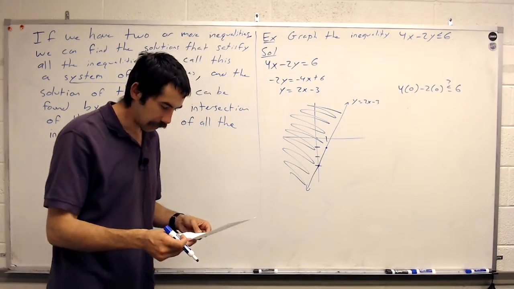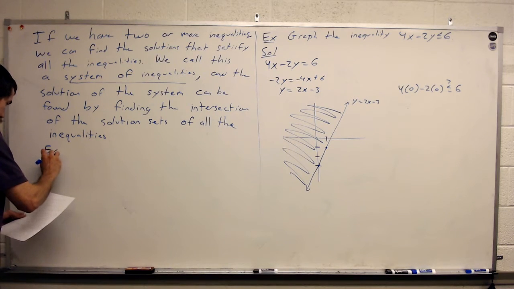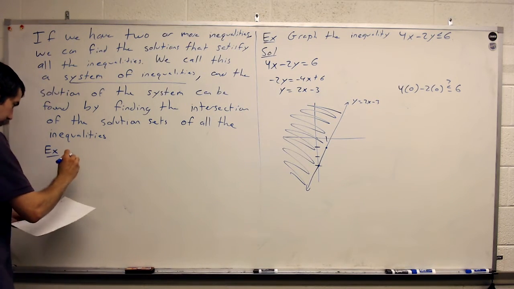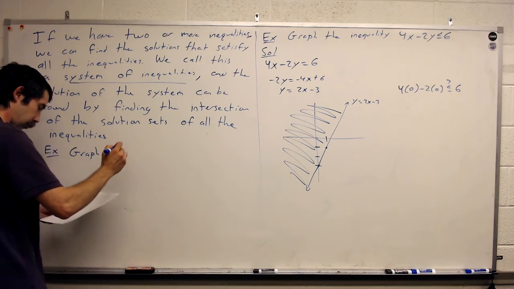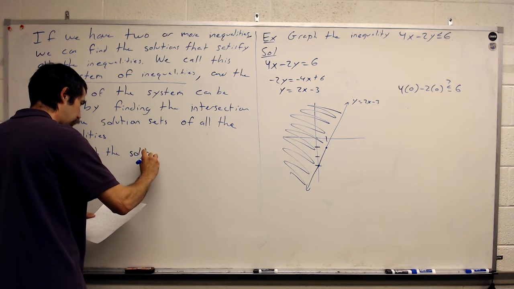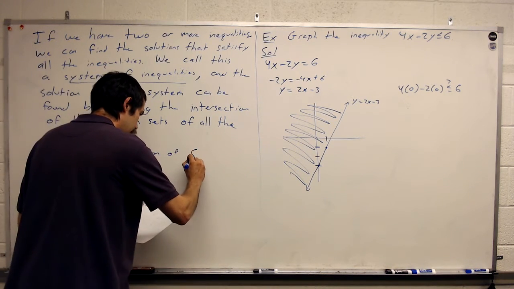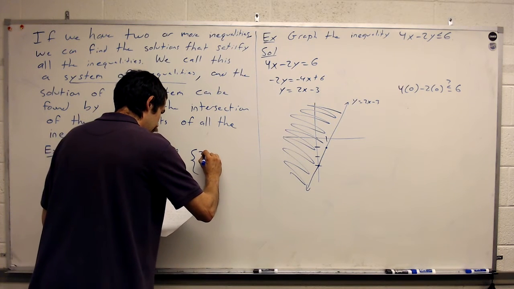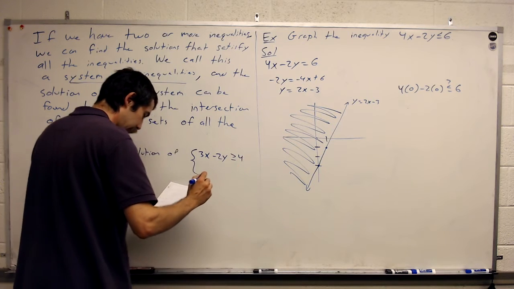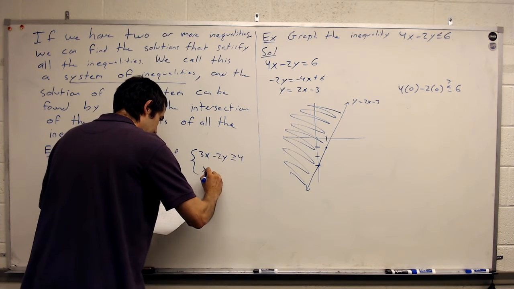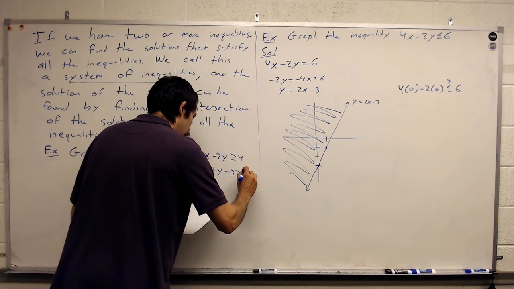All right, let's take a look at an example. Graph the solution of the system 3x minus 2y is greater than or equal to 4, and x plus y minus 3 is strictly greater than 0.